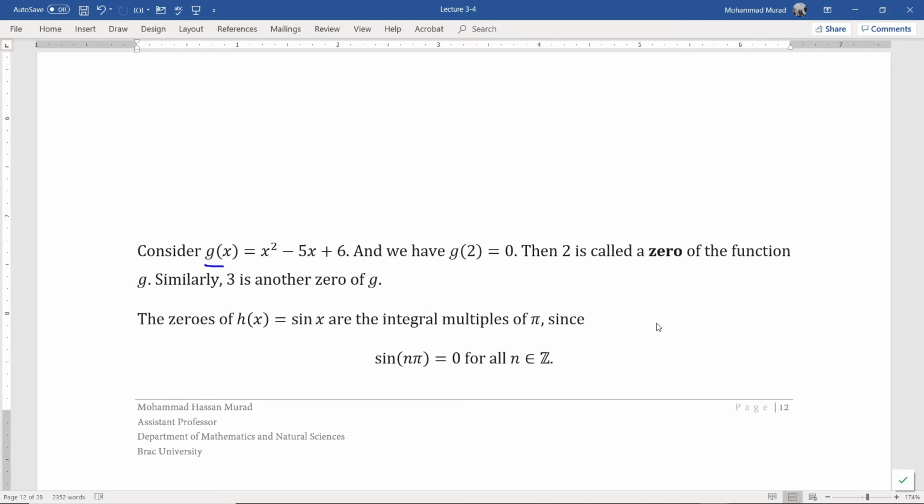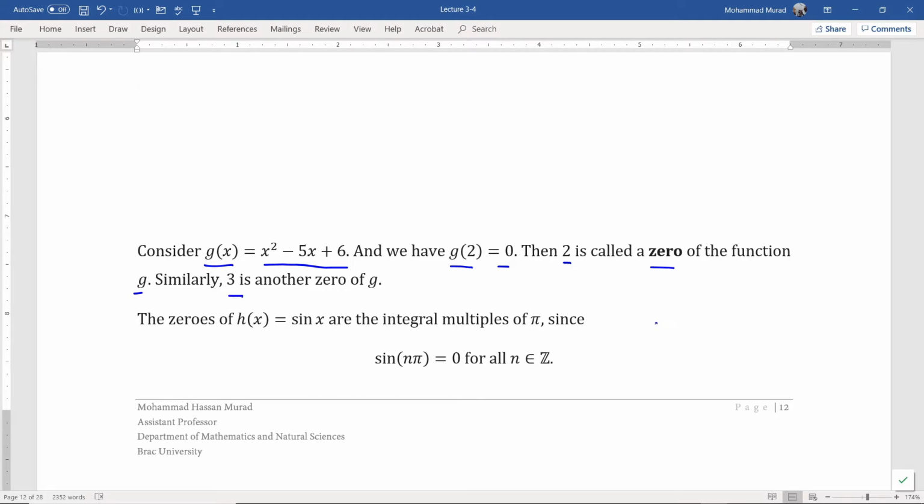Consider g is some function of x defined by this polynomial, x squared minus 5x plus 6. And we have the value of the function g at 2 equals 0. Then the number 2 is called a zero of the function g.